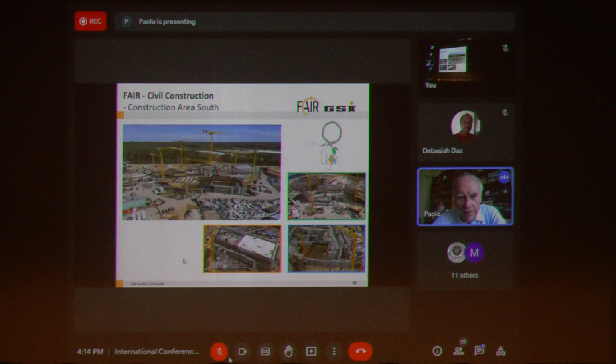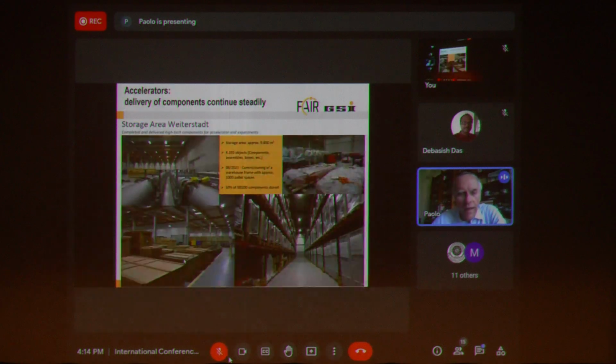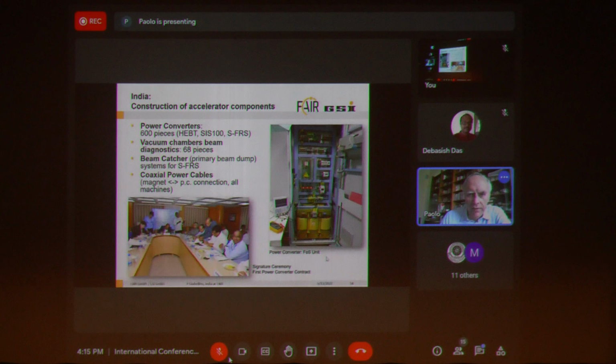These are the southern buildings under construction, and of course you want to create buildings, but you want to fill them with equipment. And these are some pictures of a huge storage area, 10,000 square meters, where we have already more than 4,000 accelerator components. And many of those come from India.